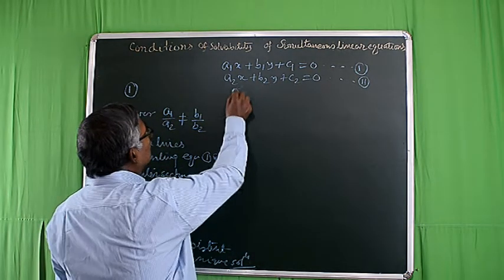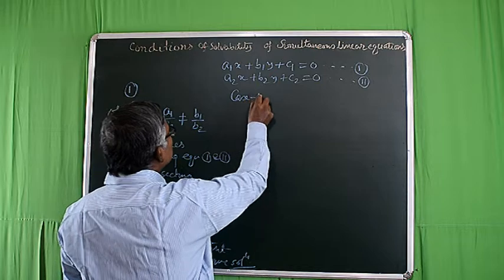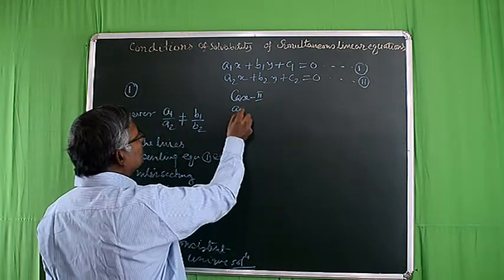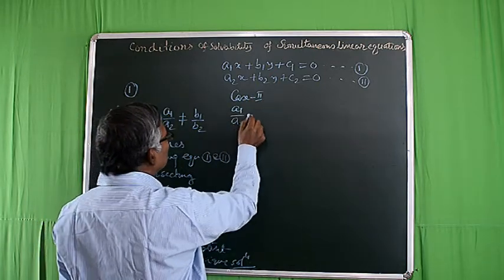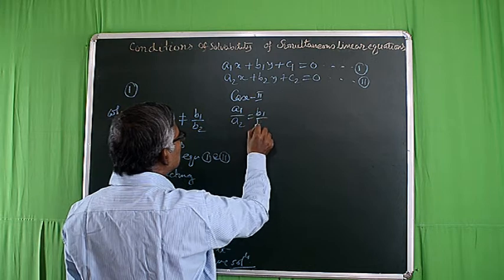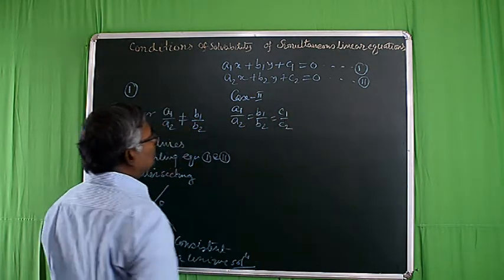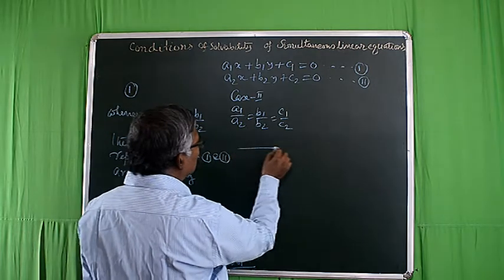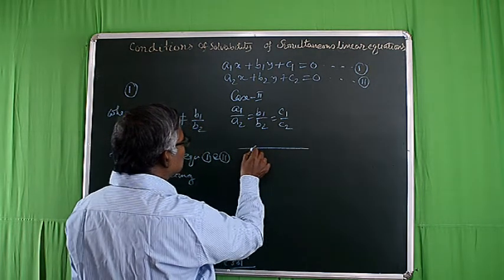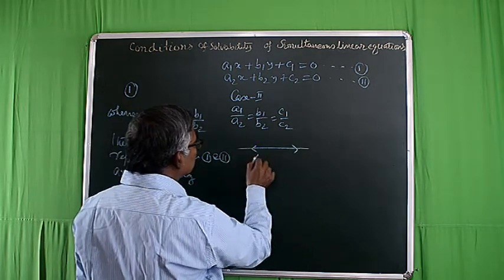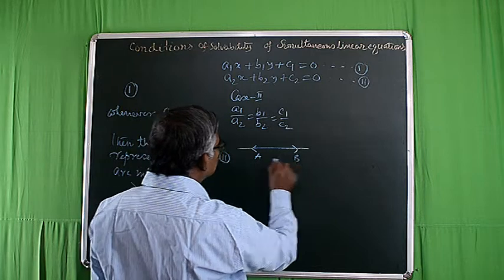In case 2, whenever a1 by a2 equal to b1 by b2 equal to c1 by c2, then lines are coincident. Suppose it is AB, this is CD.